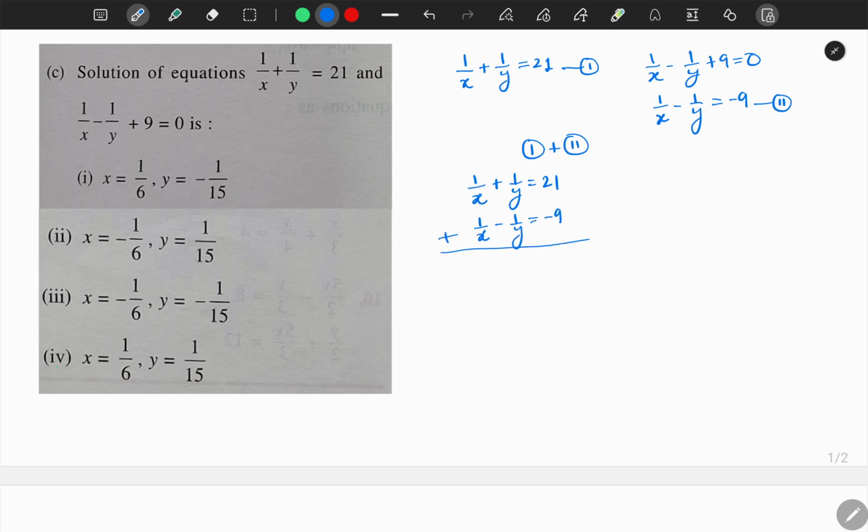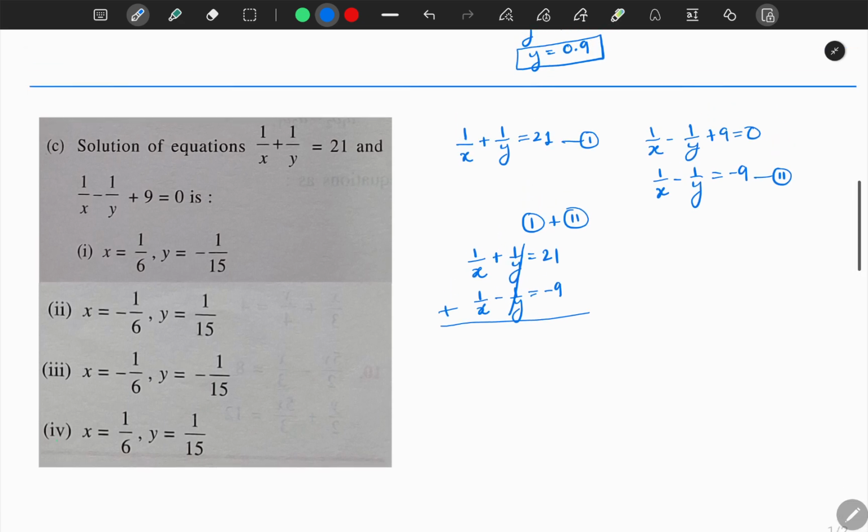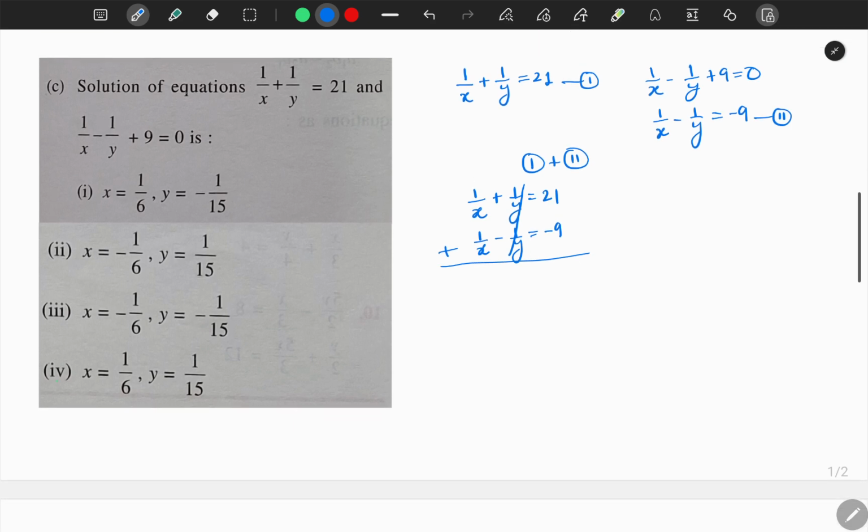Let's add them both. So plus 1 by y and minus 1 by y cancel each other. 1 by x plus 1 by x will give me 2 by x equals 21 minus 9.